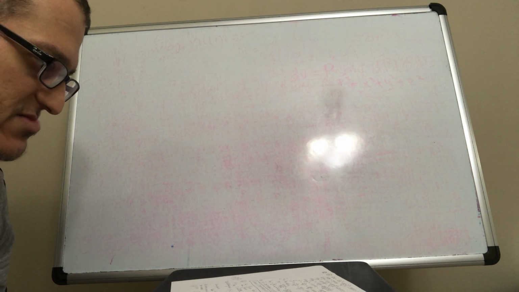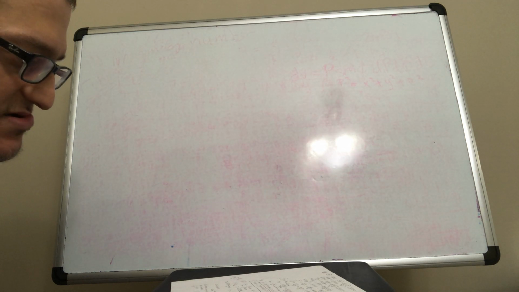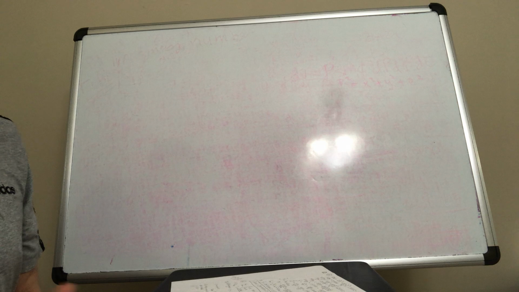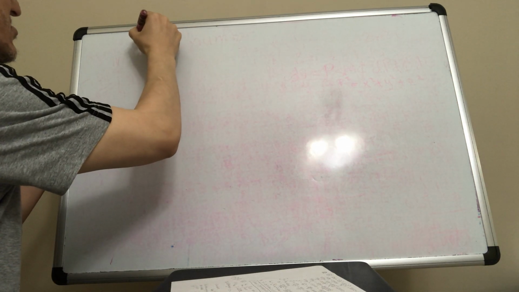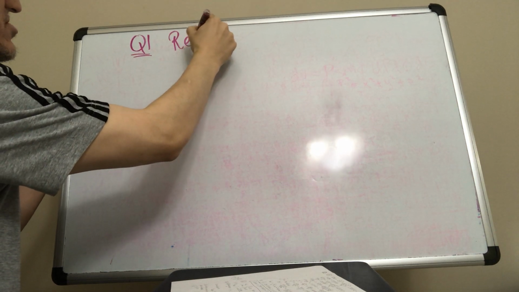Okay. The first question, if you read it, you're trying to find a relationship between two things, exam and hours. So usually when you try and find the relationship between two different things, it's regression. So we know that we're trying to do regression.